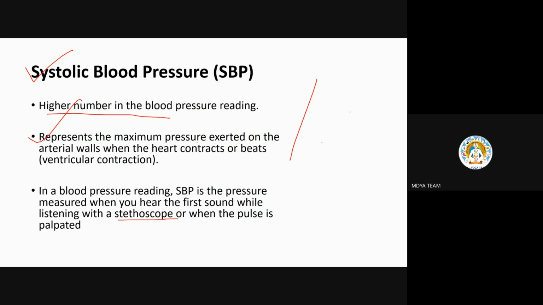The numbers, the units, are there, and the mercury will rise up and up. Wherever we hear the first sound of the pumping, the lub dub, whichever measure it was at, that is known as systolic blood pressure. When we hear the first beat, that exact reading is the systolic blood pressure, and that is the upper number we'll put.